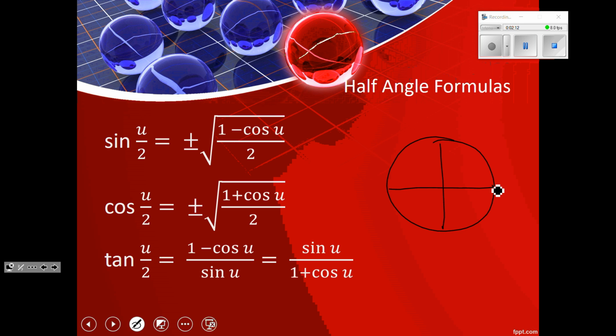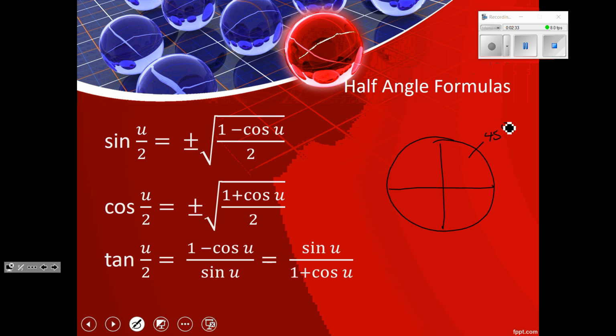If I half it, where will I be? Where will my half angle be? Like, pick a number in the first quadrant. 45. Okay, so if I'm 45 degrees, but I don't want the sine of 45 degrees, I want the sine of half of that. Do you understand?